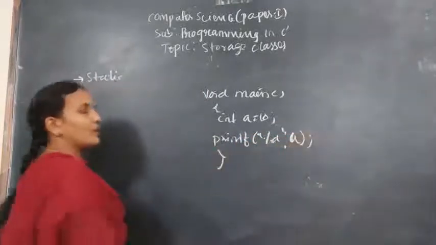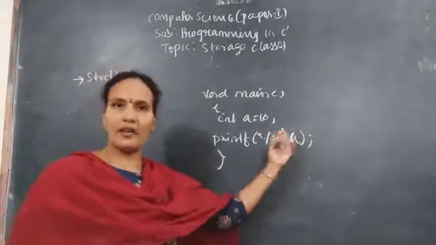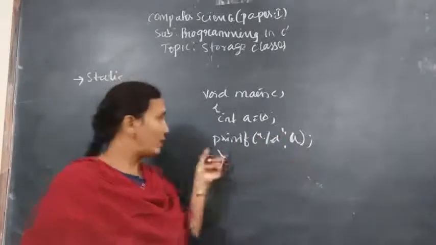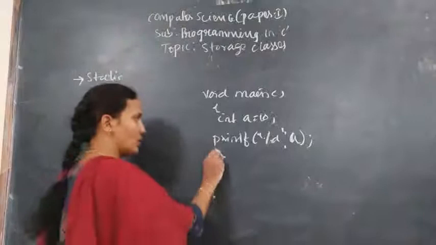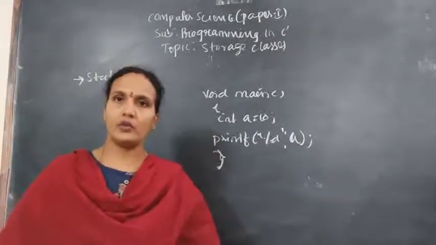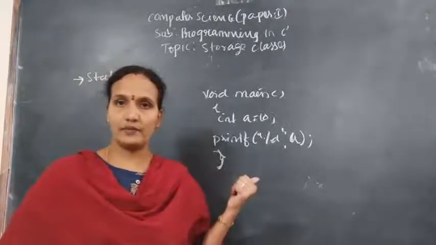So what happened when you print a? After printing the value of a, when the function brace is closed, the life of that variable will be over. This I have already explained in the auto storage class.